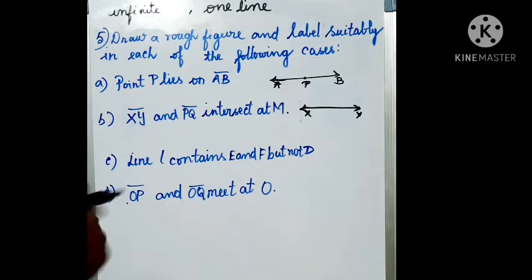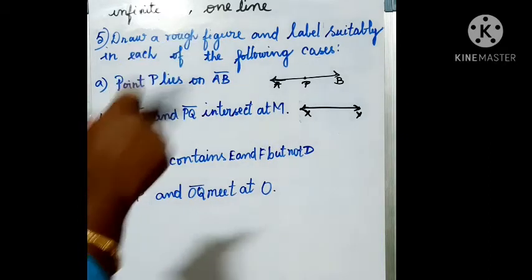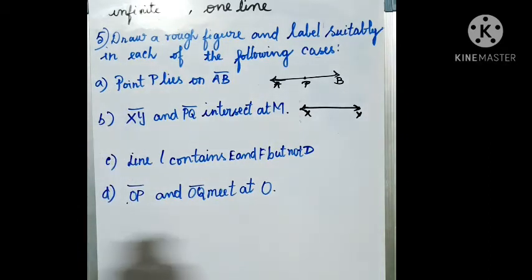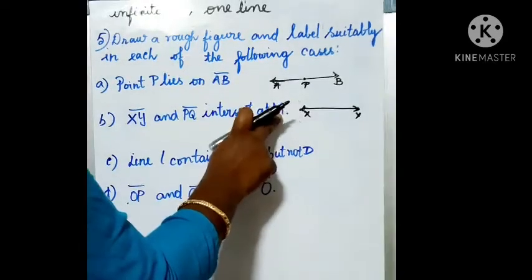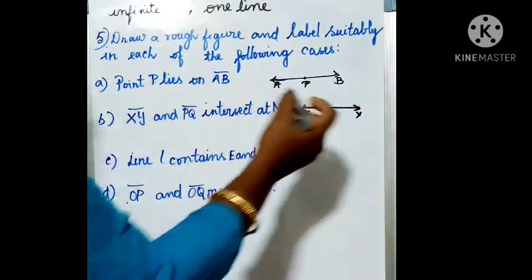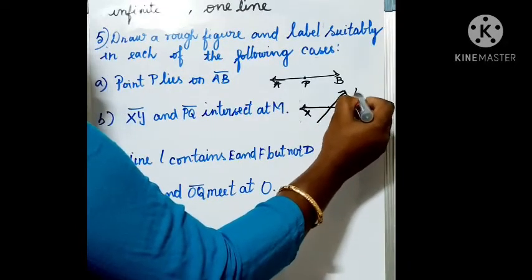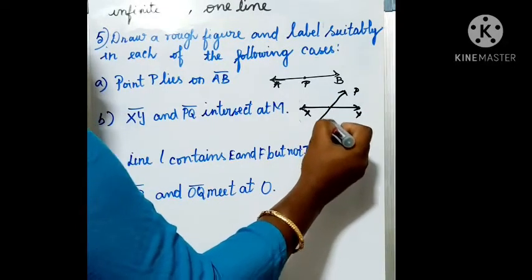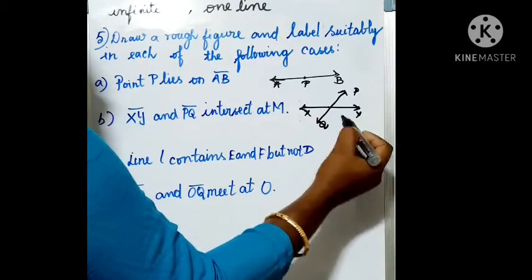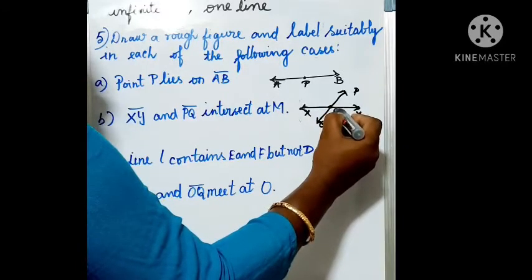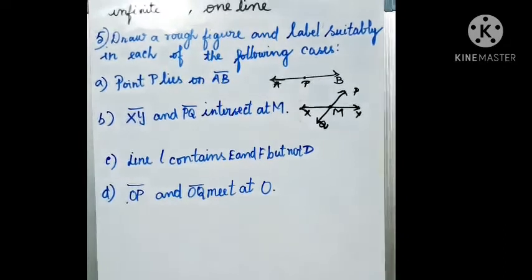We studied intersecting lines, isn't it? Two lines cross and meet at one particular point, that is an intersecting line. So we make the intersecting point M. Another line segment you draw, this will become PQ. So this meeting point is M. Is it clear?